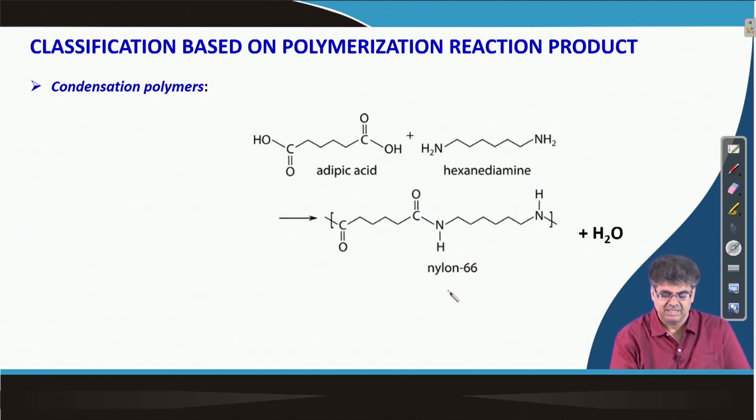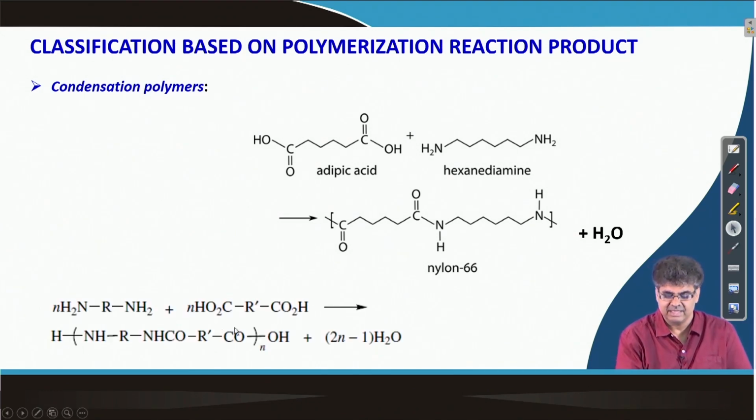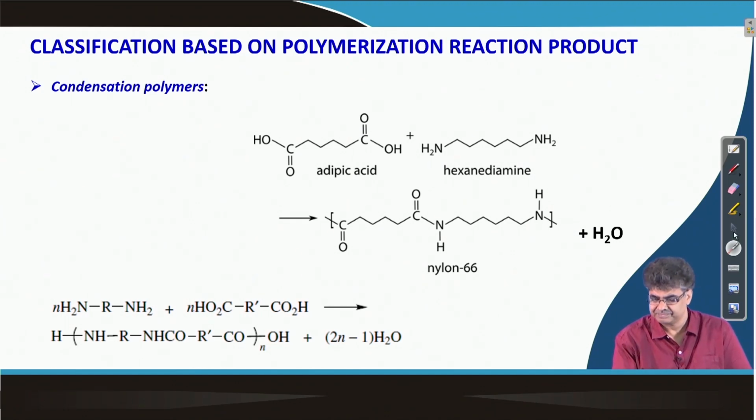We will come to that nomenclature after some time. So, in general we can write a general reaction between a diamine and a diacid to form this. So, this is a general example of a condensation polymer.